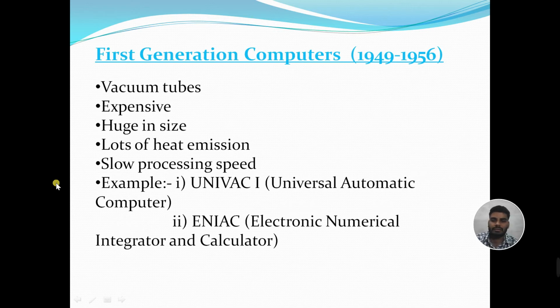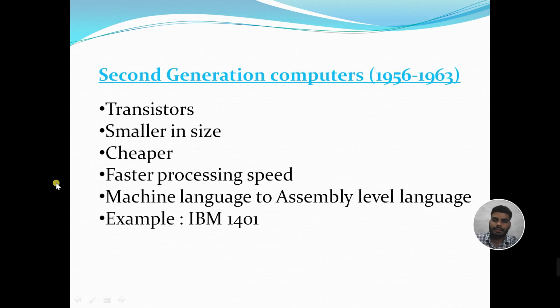Now let's study about the second generation of computers. The second generation was the time period between 1956 to 1963. In the second generation of computers, vacuum tubes were replaced by transistors, and due to the use of these transistors, the size of the computer reduced and they also got much cheaper, and the processing speed got much faster.